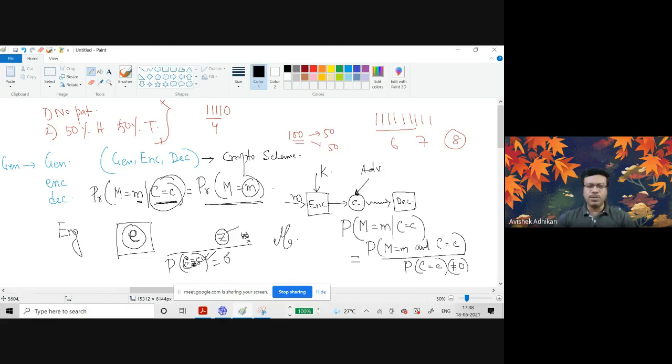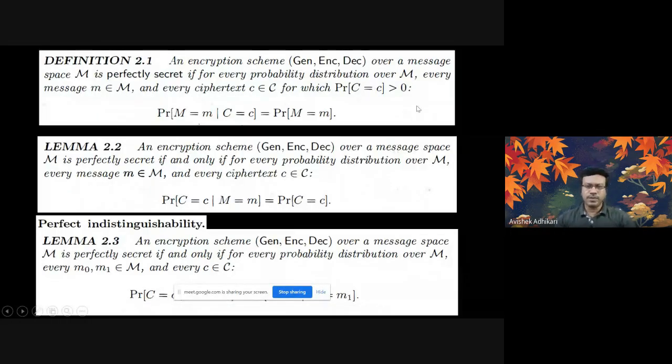That's why this probability is 0. And if the probability of C is 1, what does it mean? That this ciphertext is always used. Since we are dividing by the probability of C equal to C, that's why we have taken it to be non-zero. Is the definition clear?